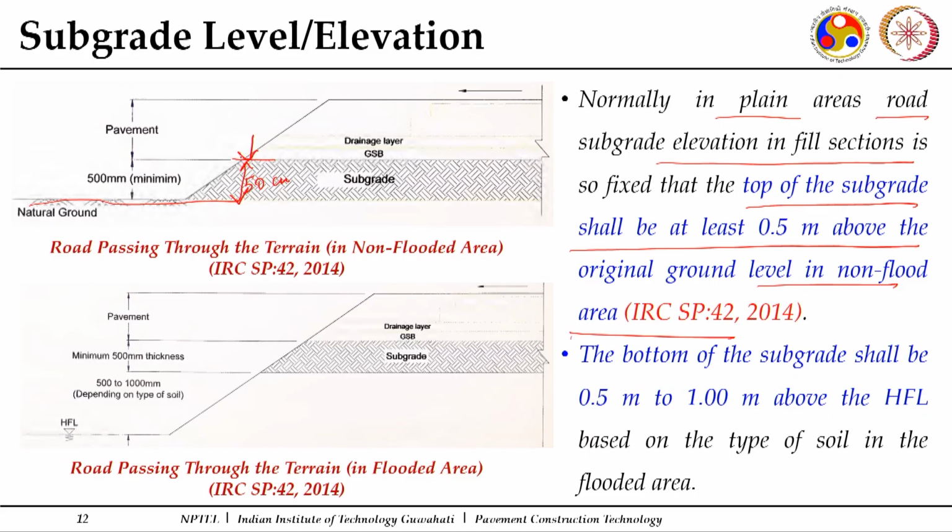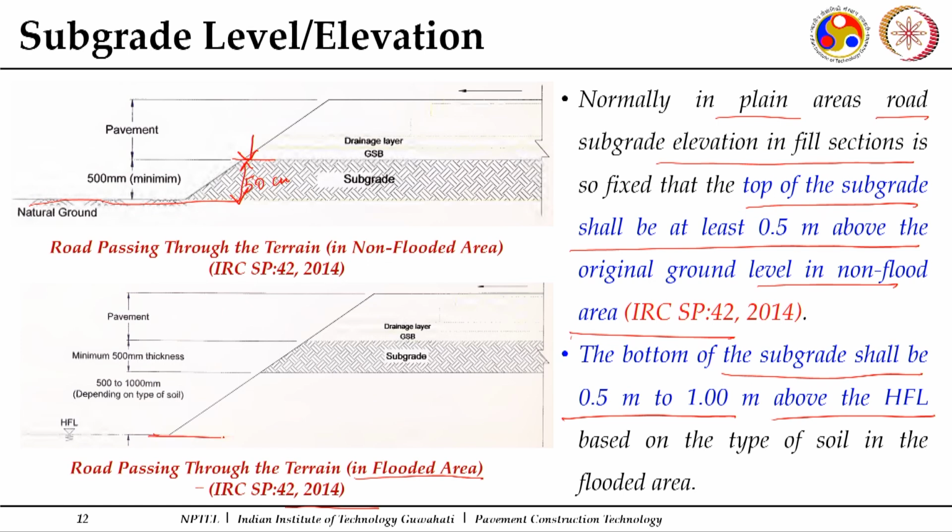Now the other part says road passing through terrain in flooded areas. What happens if there are flooded areas? The bottom of the subgrade shall be at least 0.5 to 1 meter above the high flood level. So even if the area gets flooded, my subgrade should not get affected.